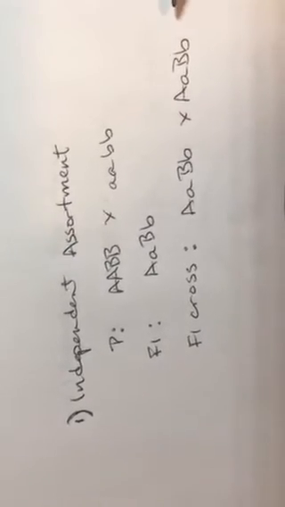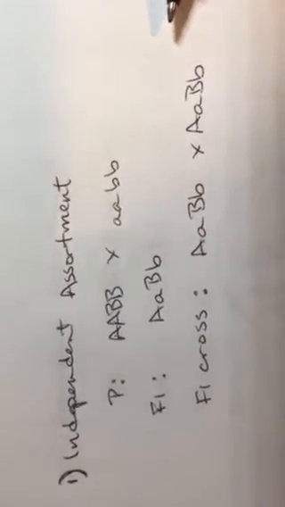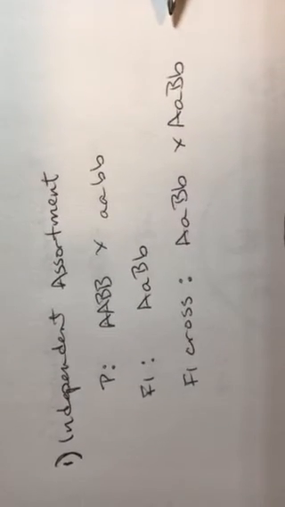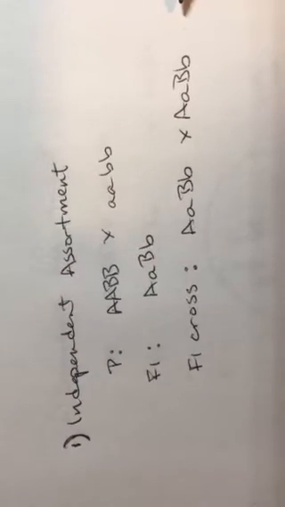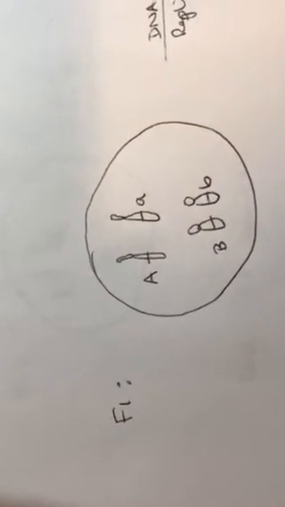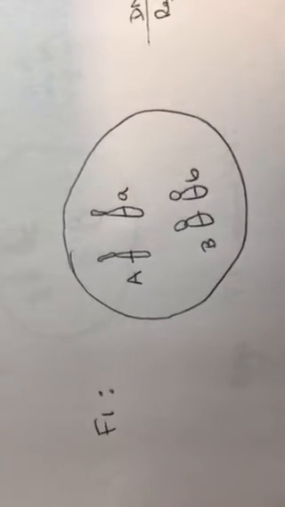Then if you assume that we're going to do an F1 cross, so self-crossing the F1 generation, then we're crossing the heterozygotes with each other. Now what independent assortment assumes is basically that these genes are found on different chromosomes.